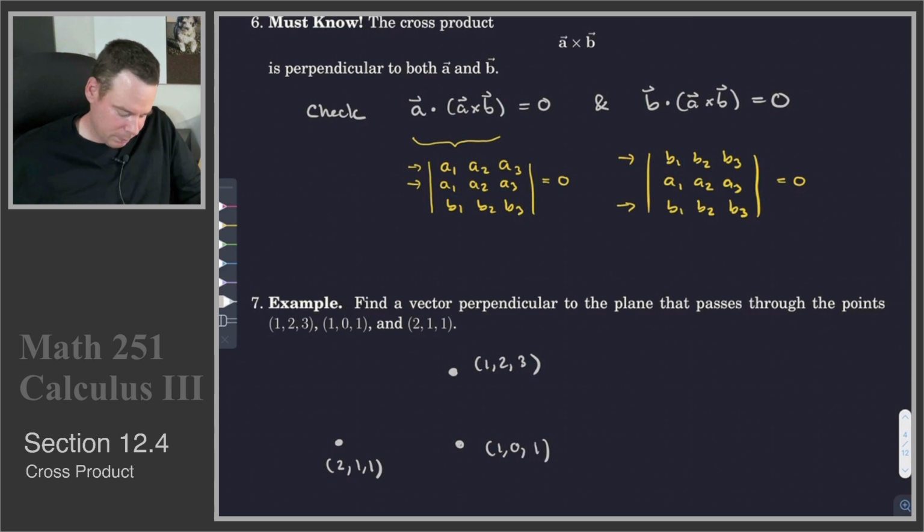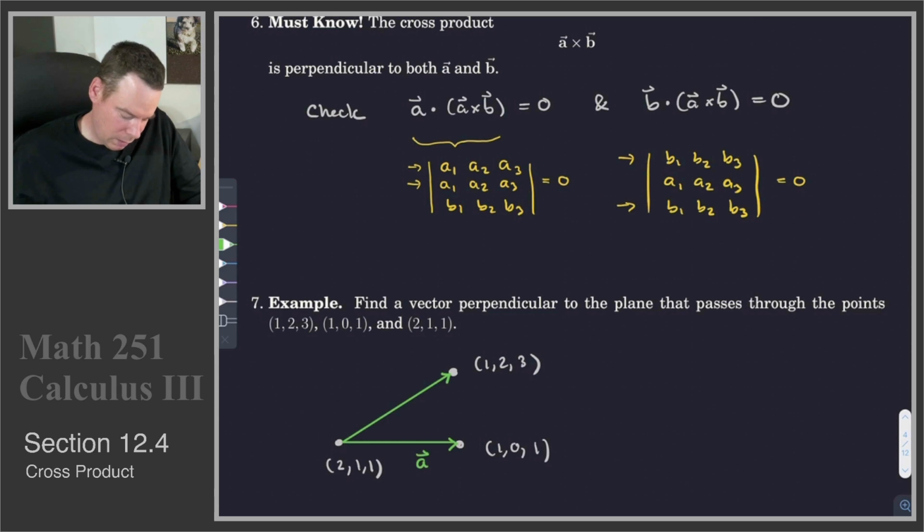There's our 3 points. I want to find a vector that's perpendicular to the plane that passes through these points. From those 3 points I can construct a couple of vectors. There's one vector I can construct, and there's another vector I can construct.